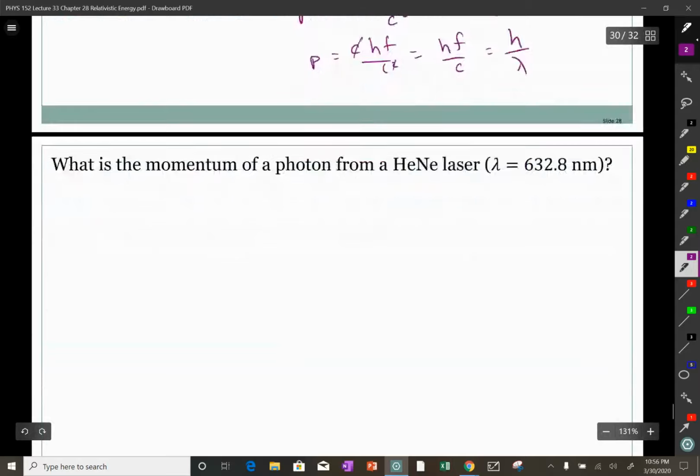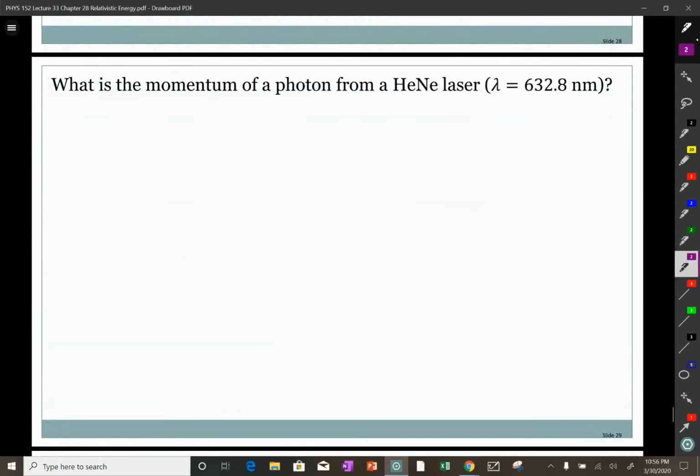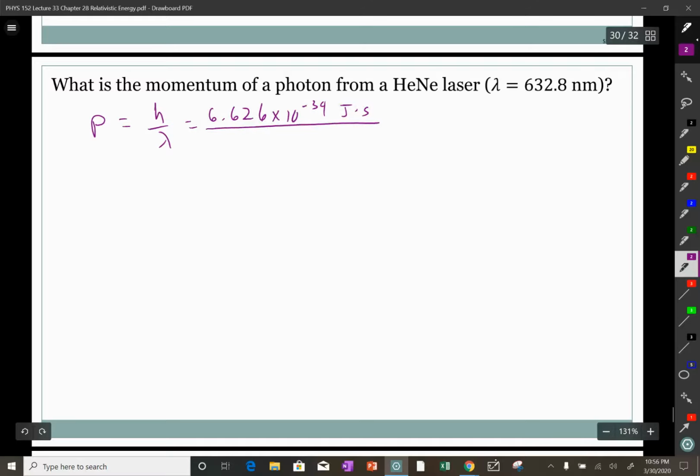So what's the momentum for a photon from a helium neon laser? Wavelength is 632.8 nanometers. My momentum will be Planck's constant over that wavelength. So that's 6.626 times 10 to the minus 34 joule seconds divided by 632.8 nanometers. Nano means 10 to the minus 9 meters.